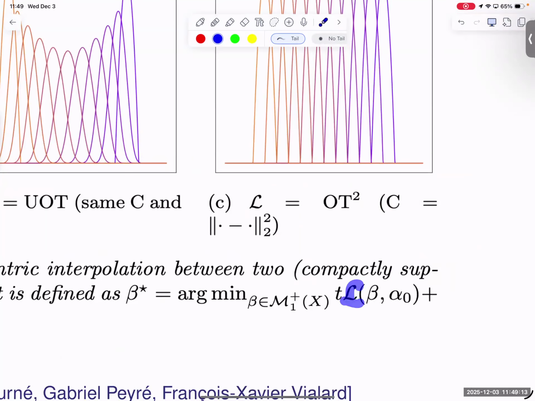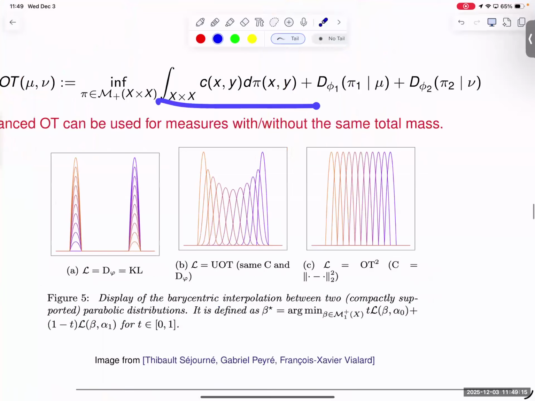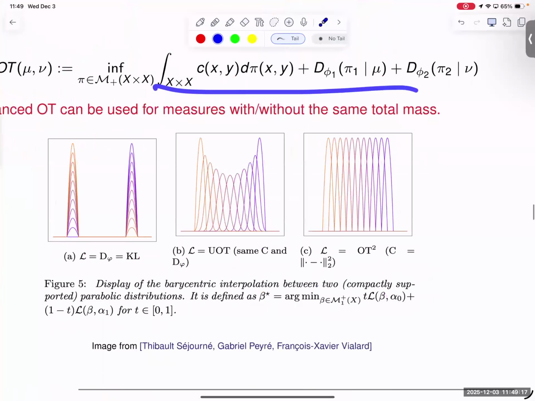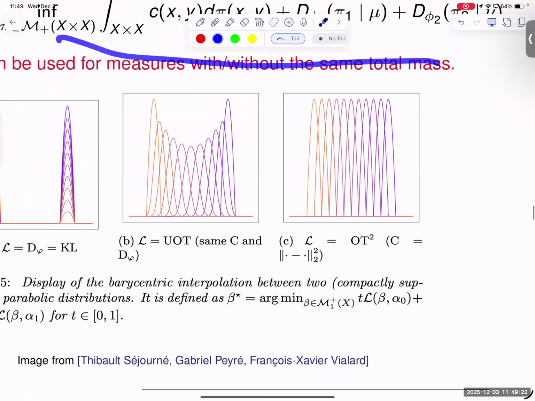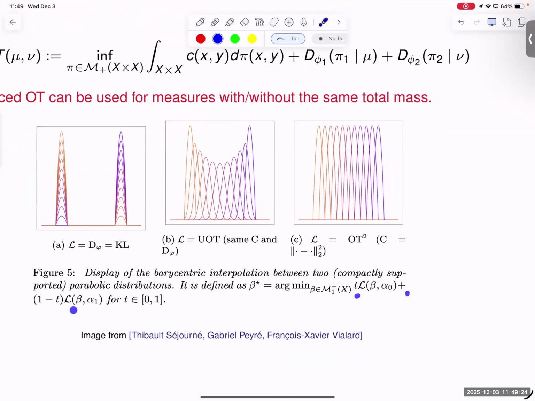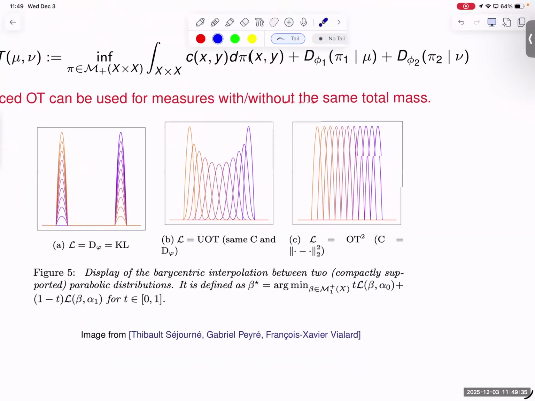Let L be basically this metric, whatever this thingy here. And for displacement interpolation, you just consider this kind of Wasserstein barycenter between two measures in this case, using this one as your kind of distance squared.